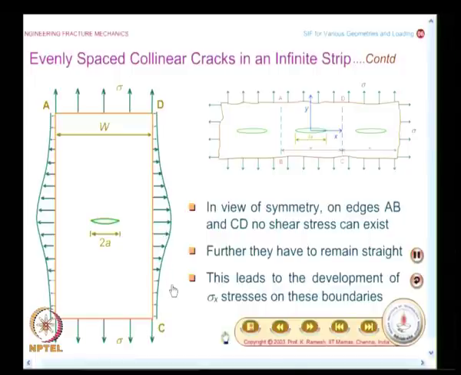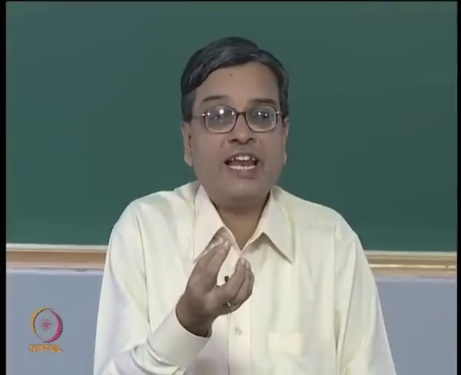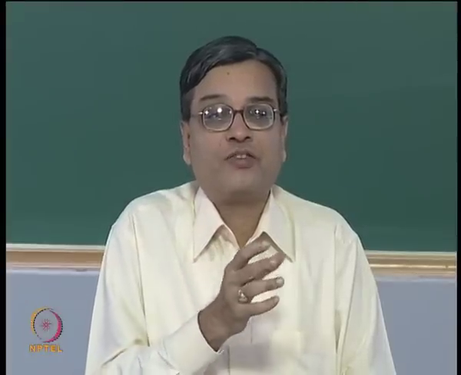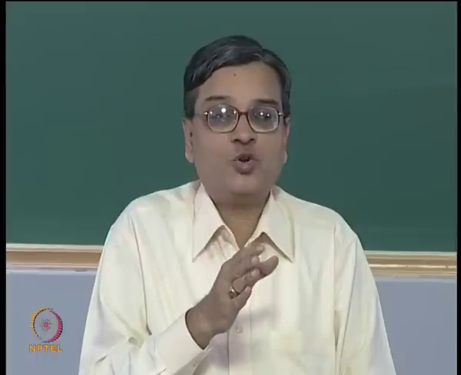So, what do I get out of it? I am able to cull out a finite strip from the evenly spaced collinear cracks. In fact, the base solution of evenly spaced collinear cracks is the mother of all solutions.